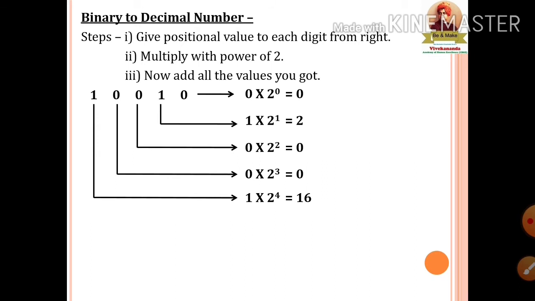0 into 2 raised to 3: 2 raised to 3 has the value 8, multiplying 2 three times, but 8 into 0 gives the result 0.